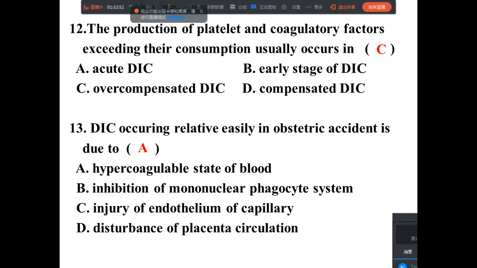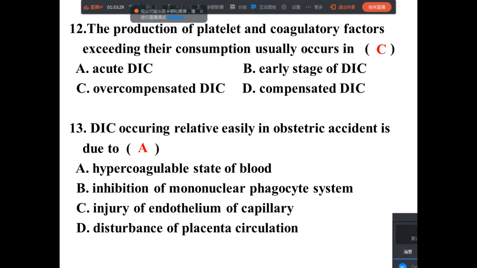Now, during pregnancy, is there hypercoagulable or hypocoagulable status? Hypercoagulable. Hypercoagulable status is the triggering factor of DIC, because the pregnant woman has a hypercoagulable status, so DIC easily happens. Now the placenta releases tissue factor.